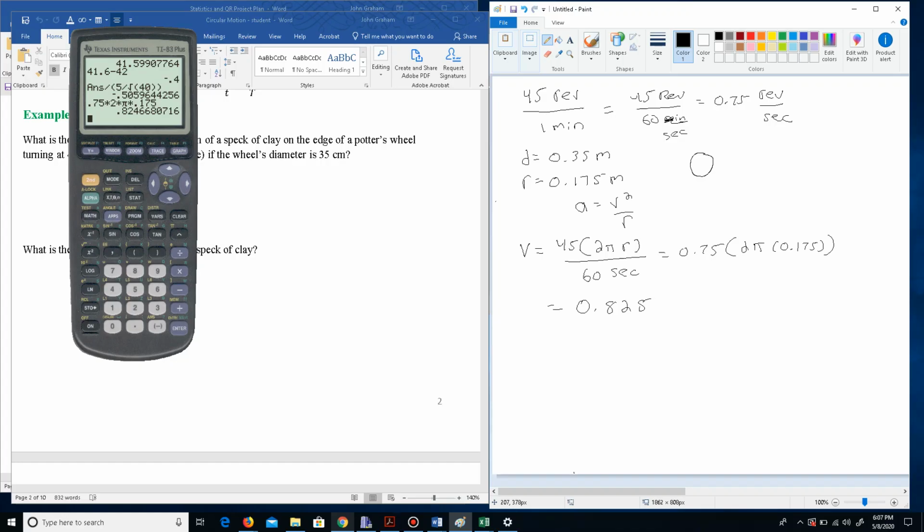This is in revolutions; we don't usually take that into the idea of units, so it's meters per second. And then our acceleration, as we said, a equals v squared over r. So now we need a equals 0.825 squared over the radius. So square this, divide by 0.175, and you get 3.88, so 3.9 meters per second squared.